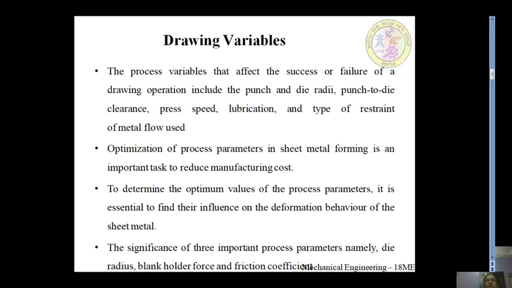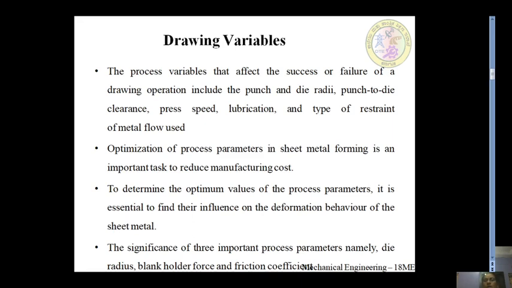We have seen in the last session that during the drawing process the blank is placed on the die support. Then when the punch moves, it takes the shape of a cup, and if the diameter is less and the height is more, and the drawing process is continued, we call it the deep drawing process.